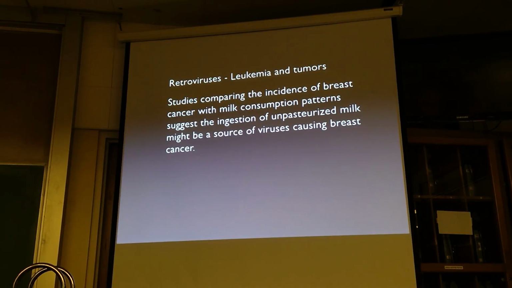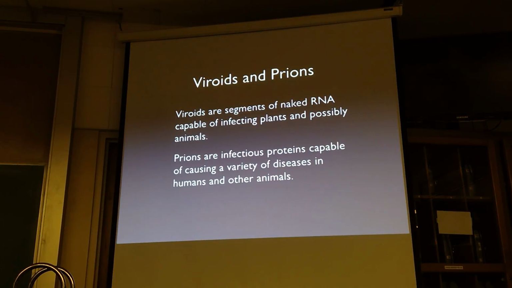And then they thought this virus would be much more likely to occur in people that consumed unpasteurized milk than people that consumed pasteurized milk. I don't know if they really made a connection between, it was the bovine leukemia virus that they wanted to suspect of being the cause of human breast cancer. I don't know what happened to that study.